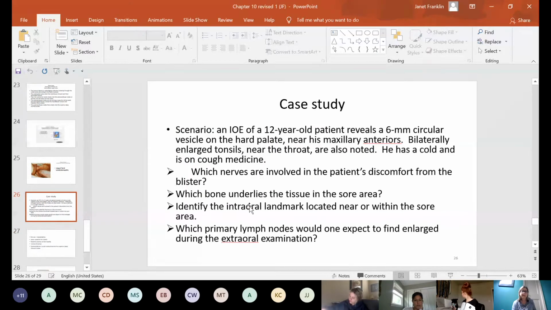I just threw it in if you wanted to look at that and see where it fits into the real world as far as what you're going to be studying. You have a 6 millimeter vesicle on the hard palate near the maxillary anterior teeth, bilaterally enlarged tonsils near the throat. You have a cold and cough and are on cough medicine.